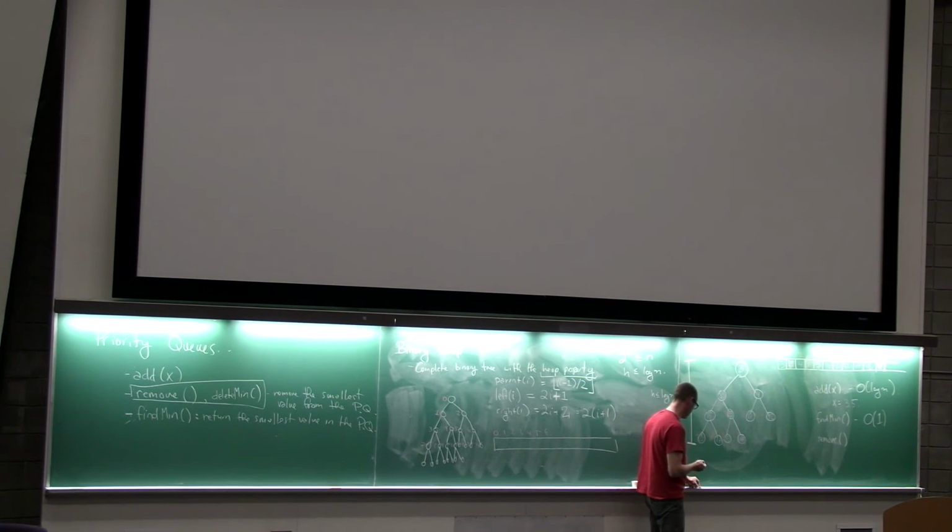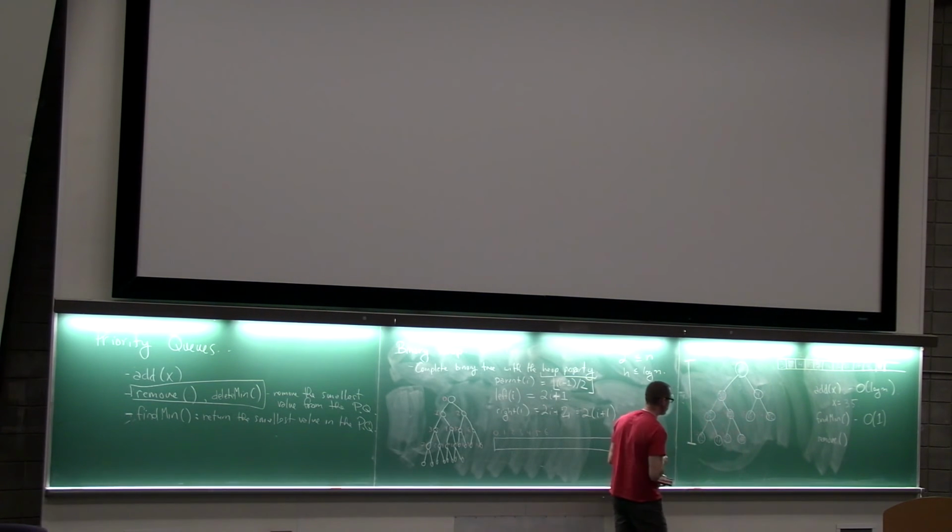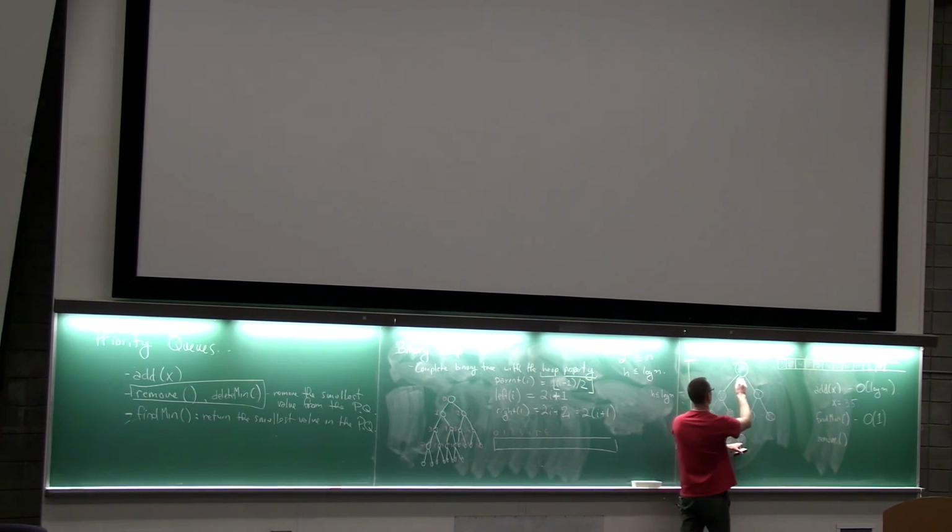Yeah, so we want to get rid of the root value, which we do. We take it out. And we need a replacement. And we know, again, what the tree is going to look like after we're done. It's going to be missing this node here. So we might as well take the replacement from that node. 7 goes up there.